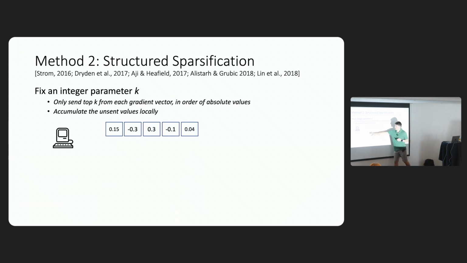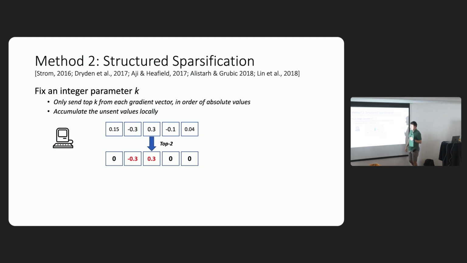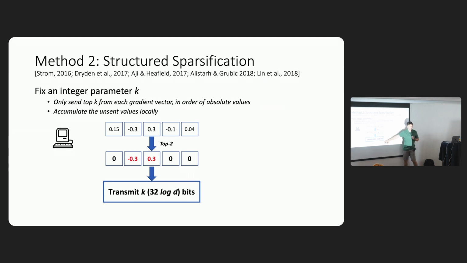Let's assume I have a node here, which has all of these components. I'm going to take k equal to 2, so I take the top 2 values in absolute value, which are what? Minus 0.3 and 0.3, just making sure people have not fallen asleep. So we take the top 2, and then we send the top 2.